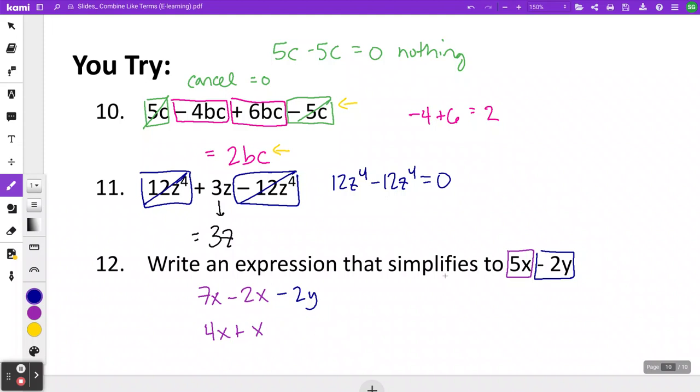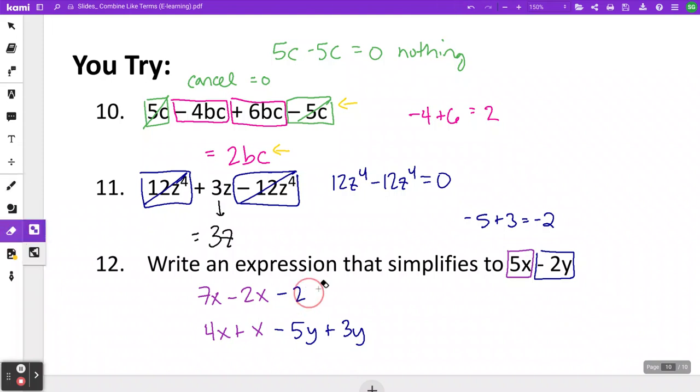Or I could write something that would also simplify to minus 2y. So for example, I know that minus 5y plus 3y, a negative 5 plus 3, that would give me negative 2. So that would simplify to negative 2y. That's an option. I could instead, I know negative y minus y.